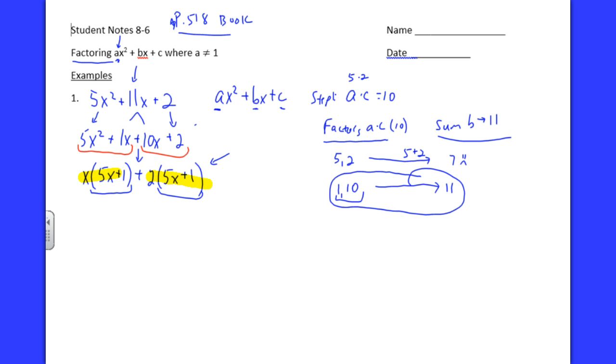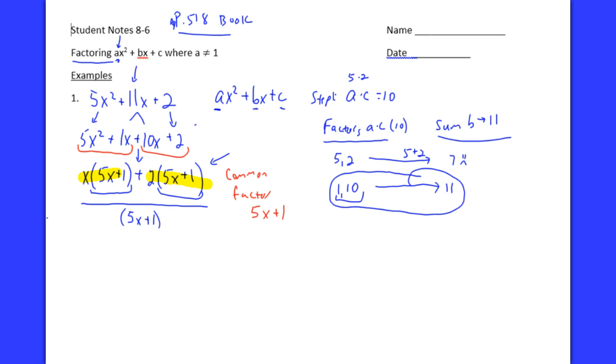And between those two terms, there's a common factor of 5x plus 1. You see it? In this term and this term, 5x plus 1 is a factor of both of those. So guess what I'm going to do? I'm going to divide out that common factor of 5x plus 1.